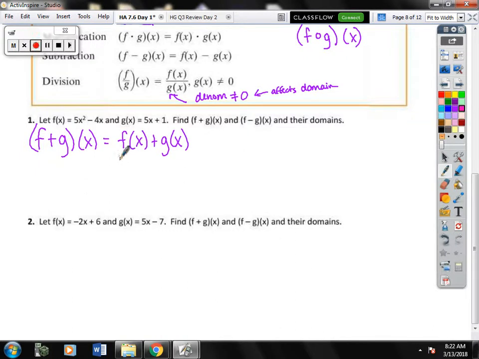So f of x is 5x squared minus 4x, and g of x is 5x plus 1. And then we just combine like terms. The parentheses are really irrelevant because adding, you distribute a positive one, doesn't do anything. So we'll get 5x squared, negative 4 plus 5 is 1x, and plus 1.